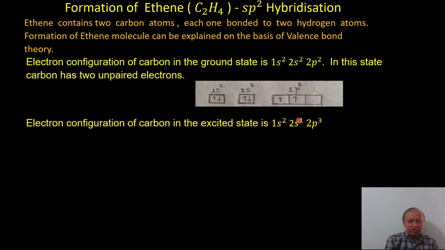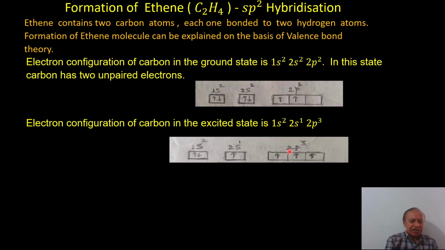That means 1 electron from the 2s orbital is promoted to a vacant 2p orbital, so that there are 4 unpaired electrons in the excited state of the carbon atom.